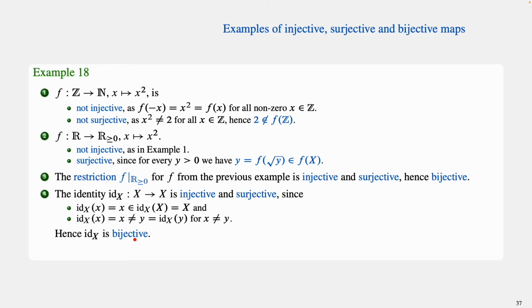So the identity is bijective. And a rotation in the plane is also bijective, which, well, geometrically it's easy to see. I'm not going to formally prove this because we don't have the time to properly study rotations here, but I'm sure in some course in the future that will eventually happen.